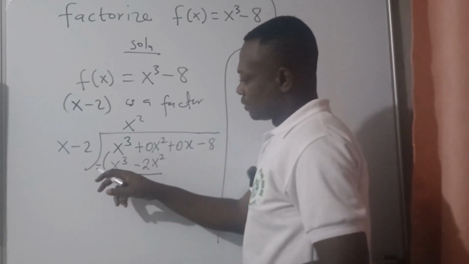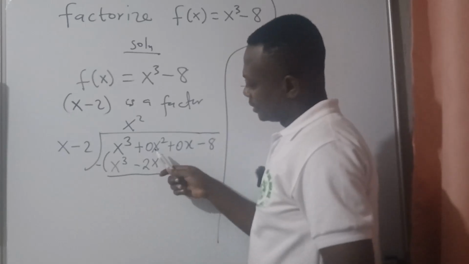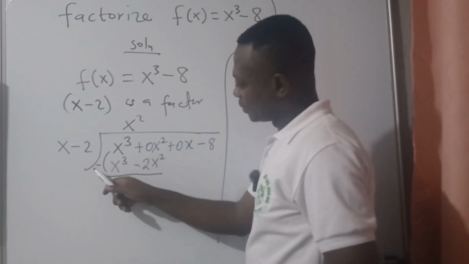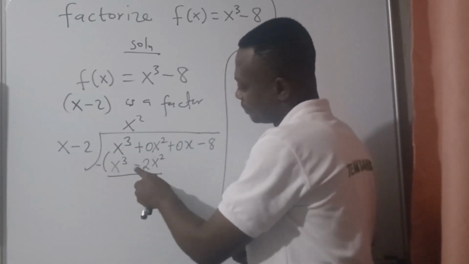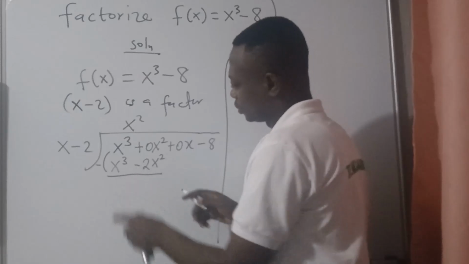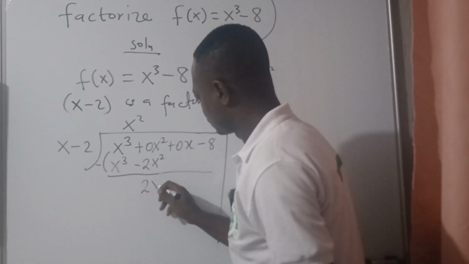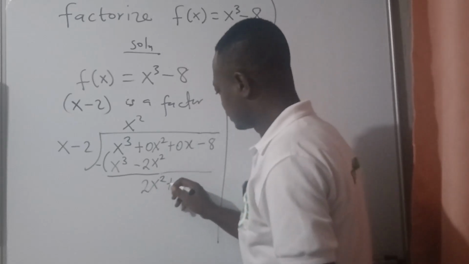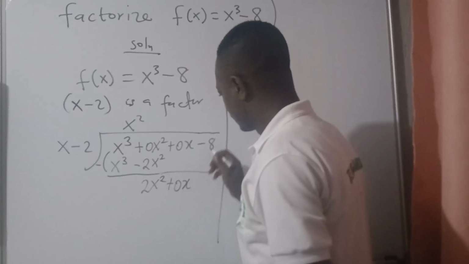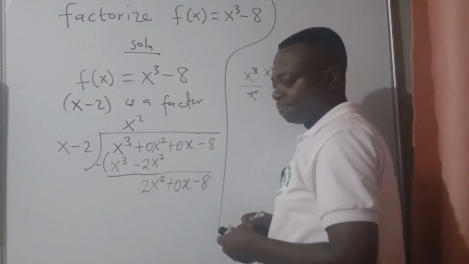So x cubed minus x cubed is 0. Now the next thing is 0x squared minus minus 2x squared. Minus minus will be plus, so I'll get 2x squared. So we are left with 0 plus 0x minus 8. Perfect.